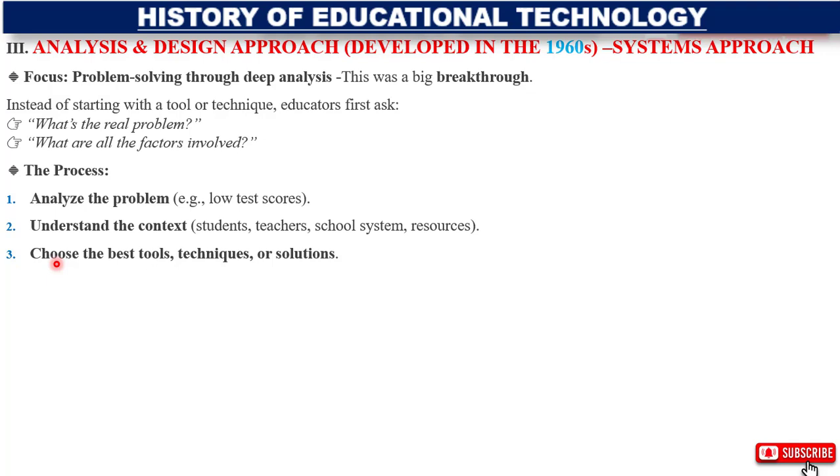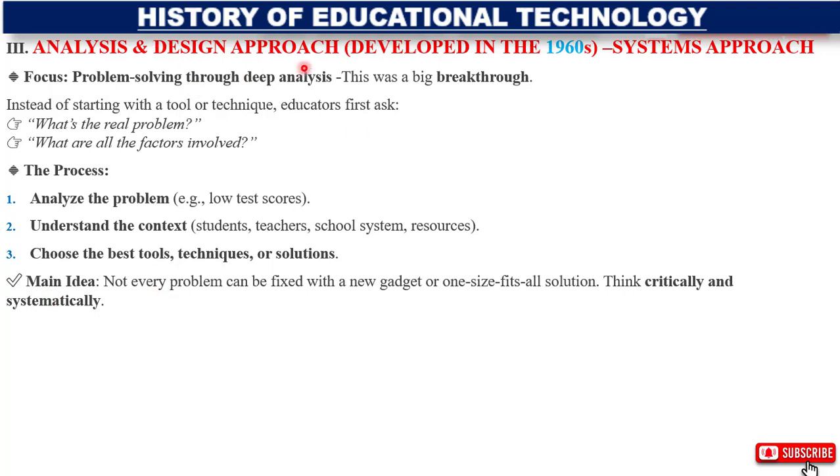And the next step is to choose the best tools, techniques, or solutions. This approach was a problem-solving approach which involved analysis. That is why it was called the systems approach. The approach was systematic. This approach meant that there were some problems that cannot be fixed using a new gadget, as used in the 1930s in the product approach.